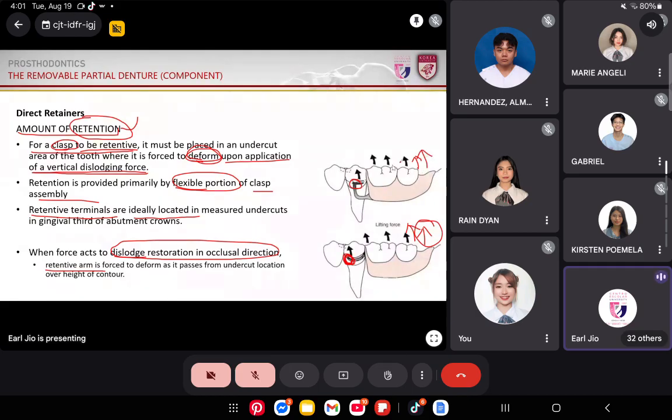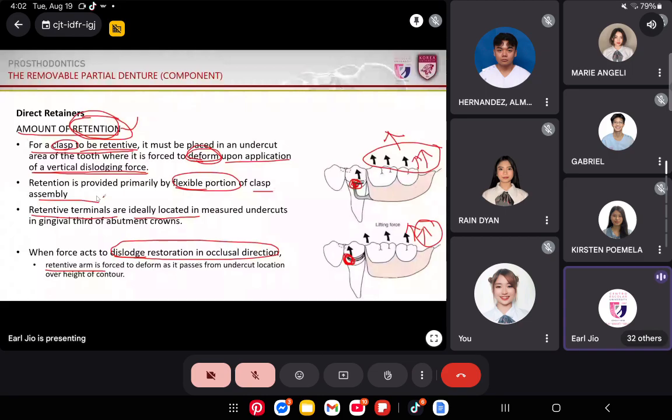When there are vertical dislodging forces, the retentive clasp arm begins its deformation, or activates, to prevent this movement. Okay? Let me repeat: when there is movement away from the soft tissue, the retention of our prosthesis activates. This means the retentive clasp arm engages the undercut area of our abutment tooth.